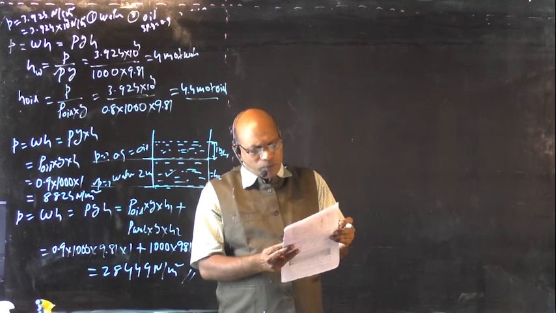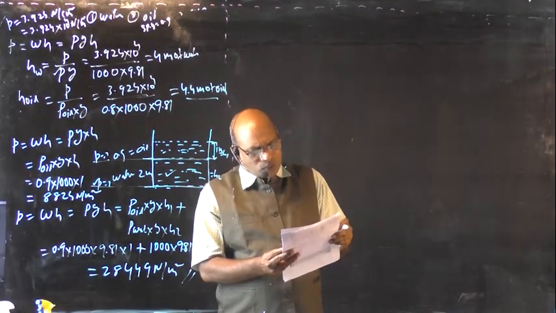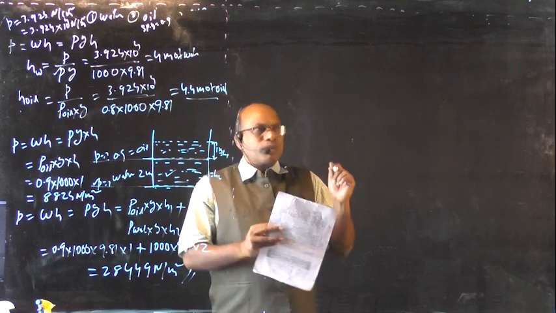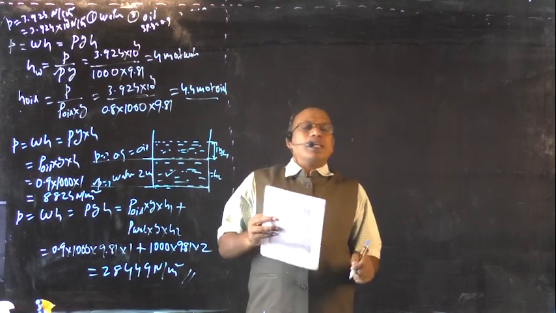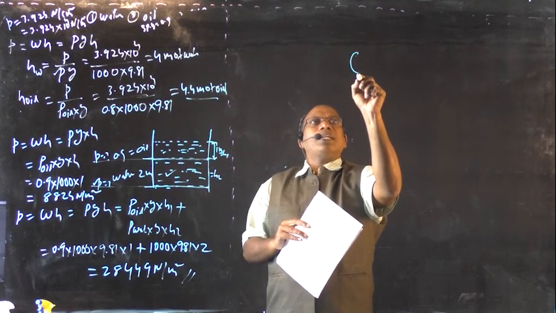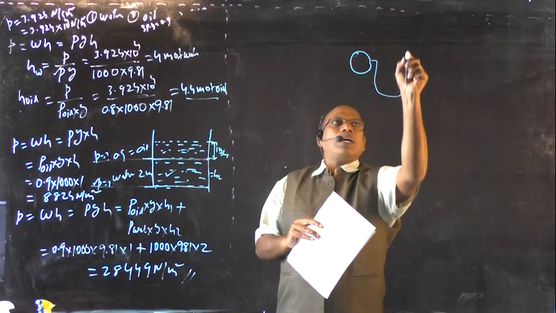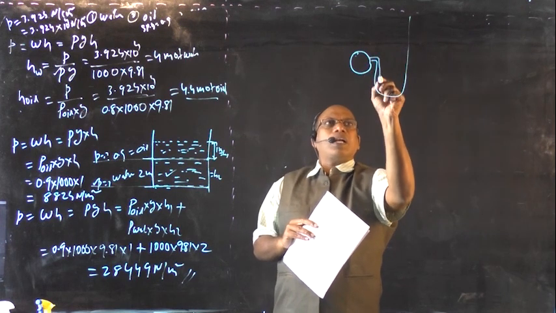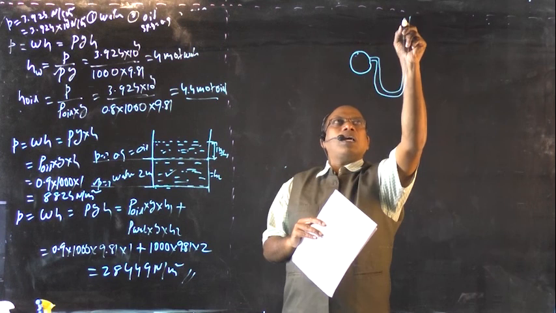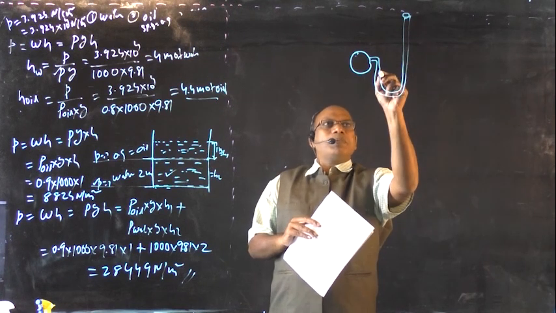The right limb of simple U-tube manometer containing mercury is open to the atmospheric. Here, U-tube manometer, the one of its end is open to the atmospheric.